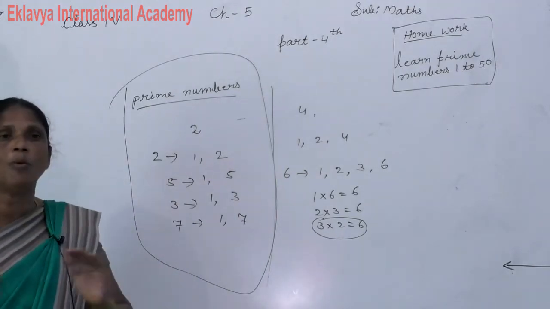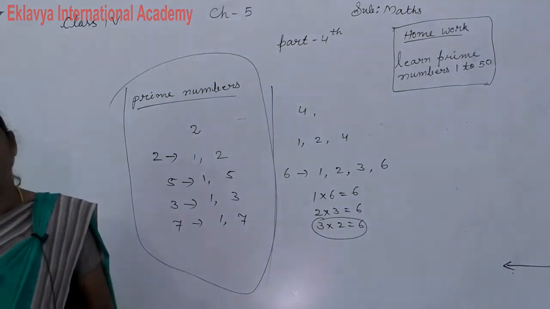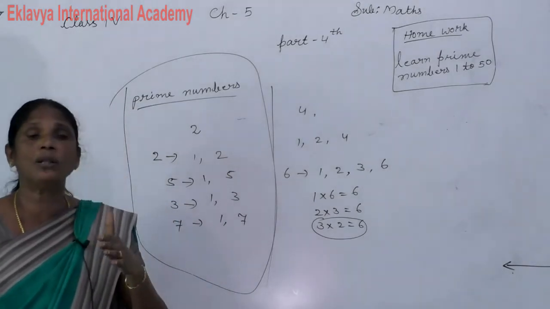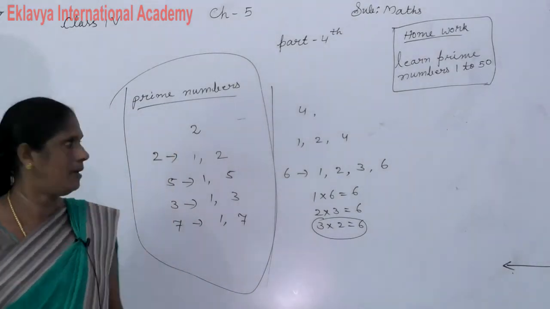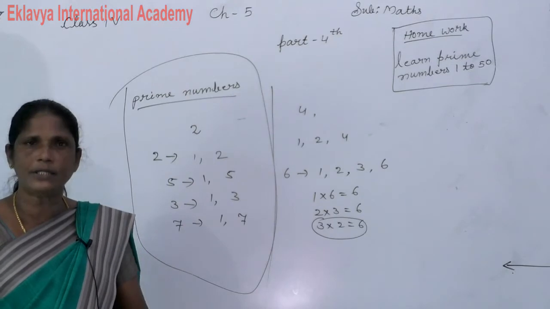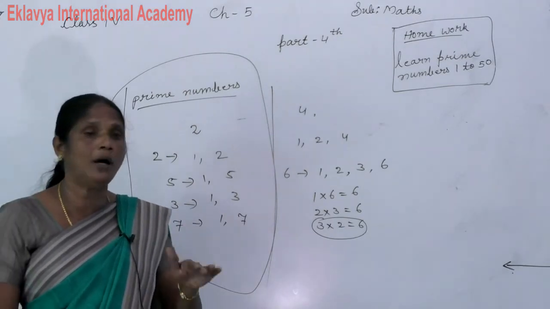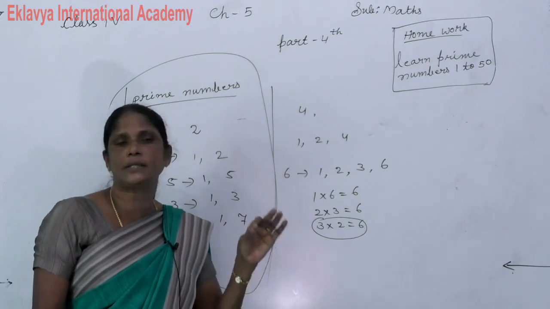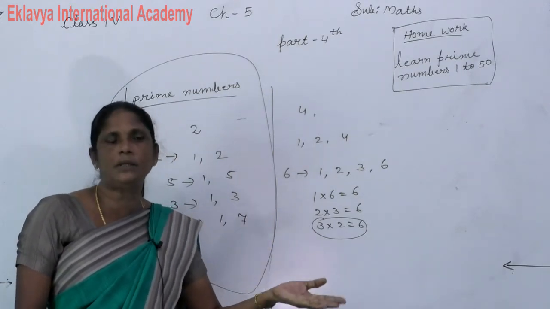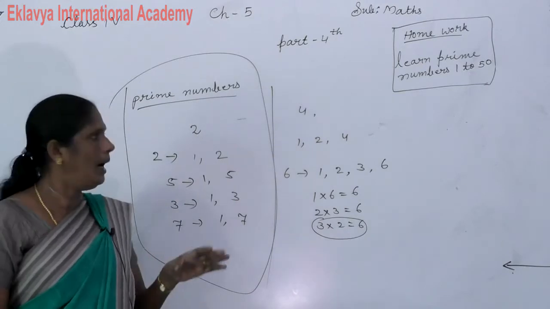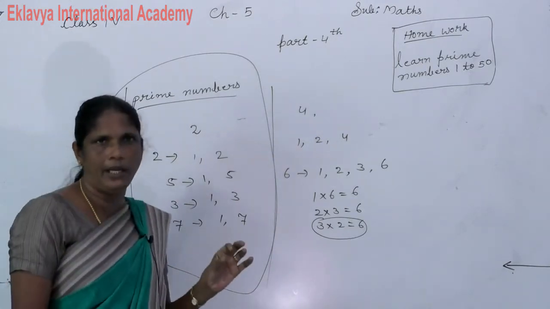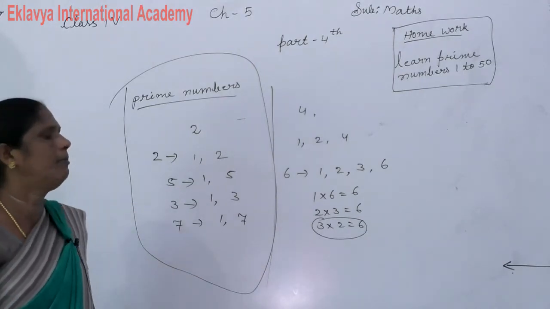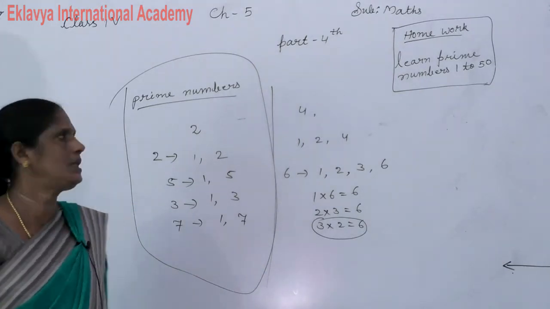Now what is a composite number? A number which has more than two factors, that number is called a composite number.